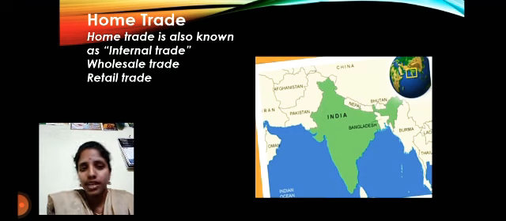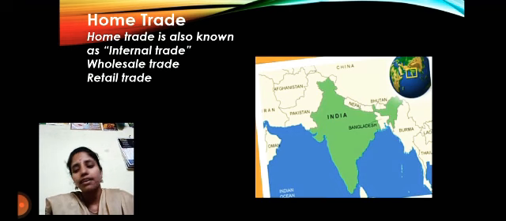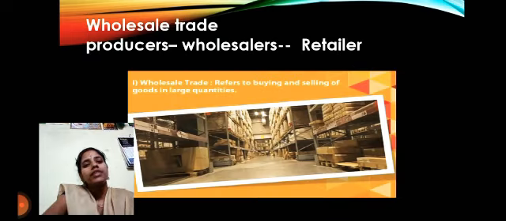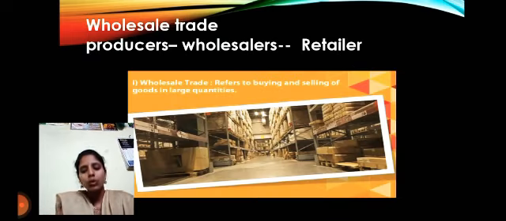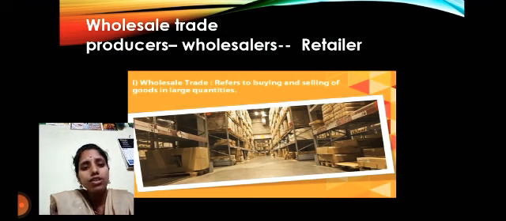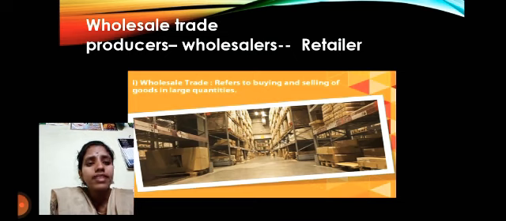Home trade is again divided into two categories. They are wholesale trade and retail trade. So friends, let us see what is wholesale trade. Wholesale trade implies buying and selling of goods in large quantities. Wholesale trade is a connection link between the producers, wholesalers and retailers.